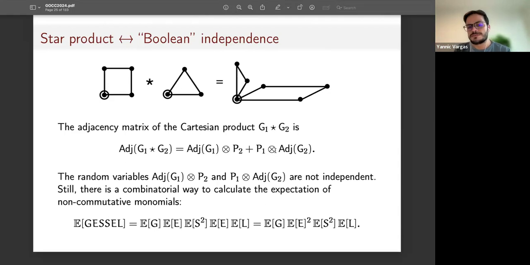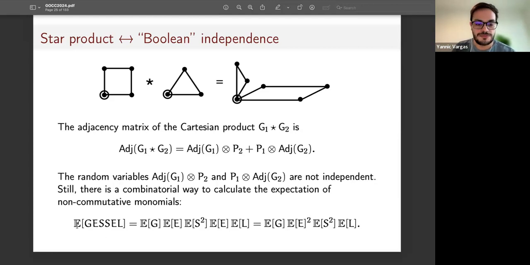And then we have this rule. And now these two matrices don't commute anymore. So the expectation in terms of this space of matrices which come from some adjacency, which are the adjacency matrix of some graph, you can say they are not independent, but still there is a combinatorial way to calculate the expectation.